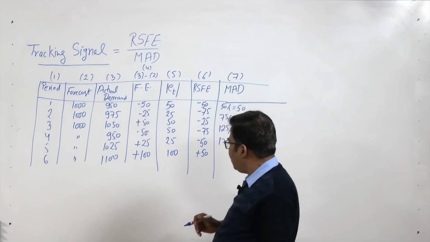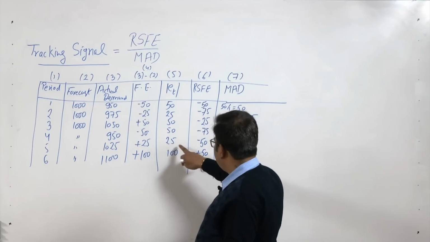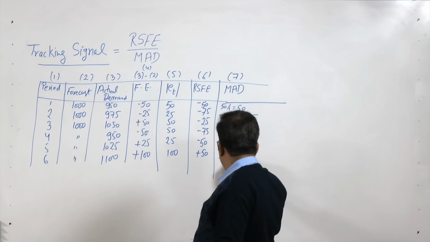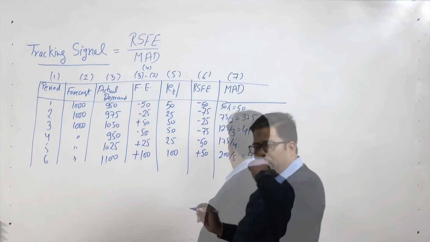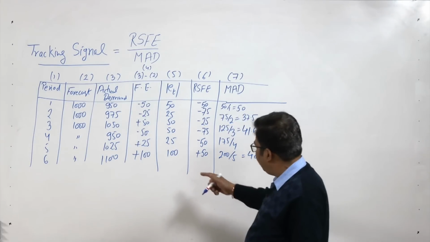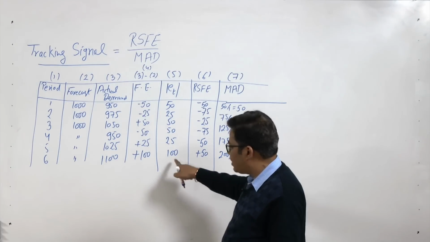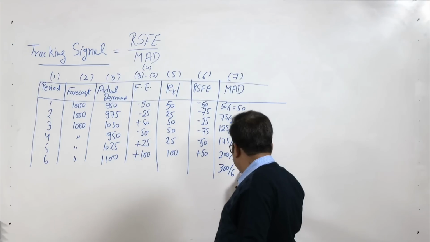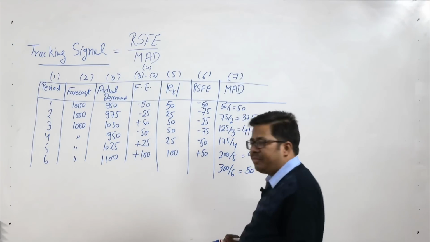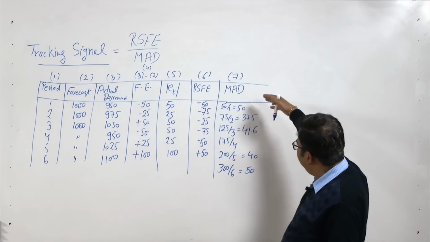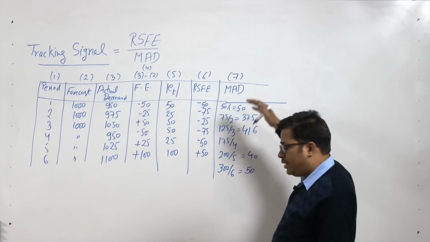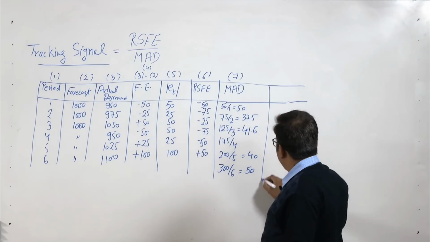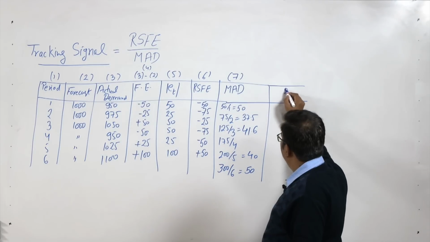For the fifth period, it will be 175 plus 25, that is 200 divided by 5, that is 40, and for the last period 200 plus 100, that is 300 divided by 6, that is 50. So, you get the values of mean absolute deviation in column number 7.